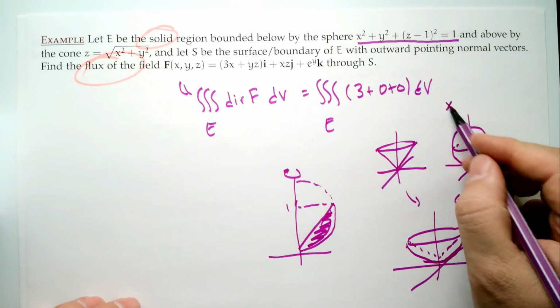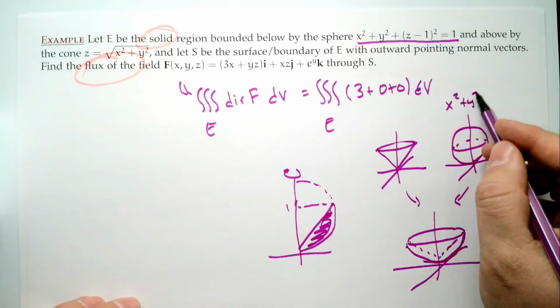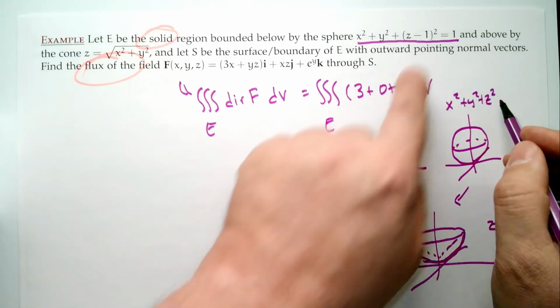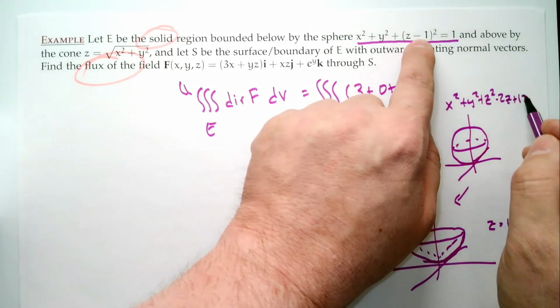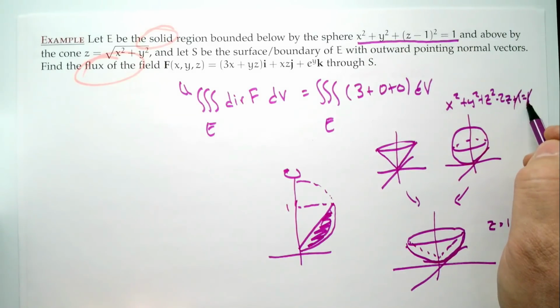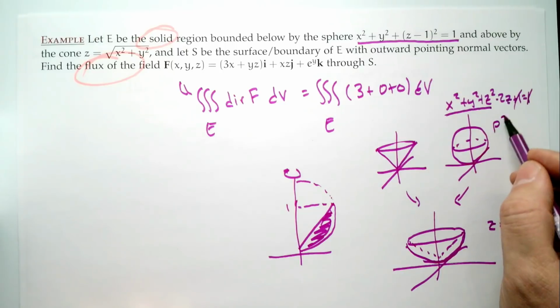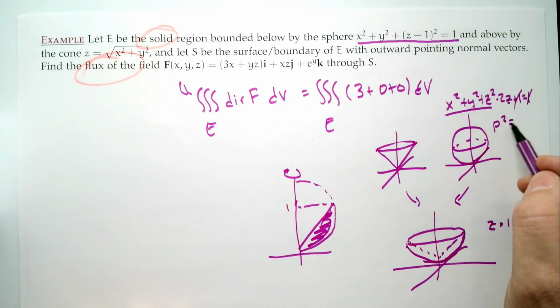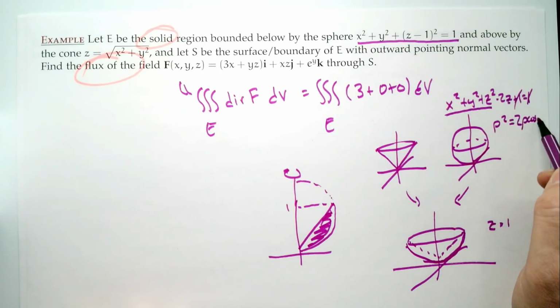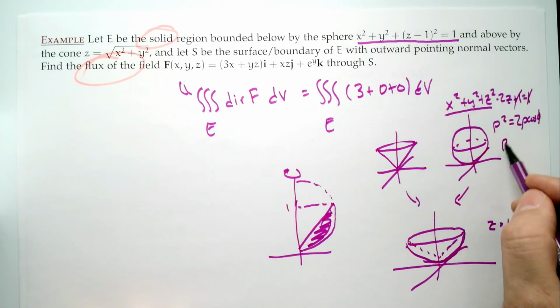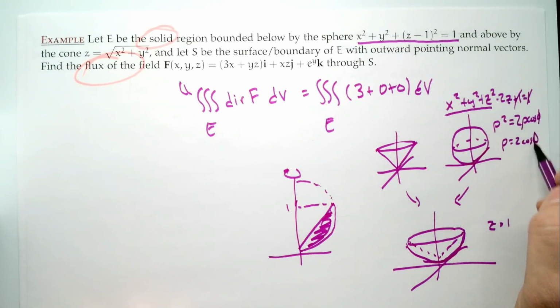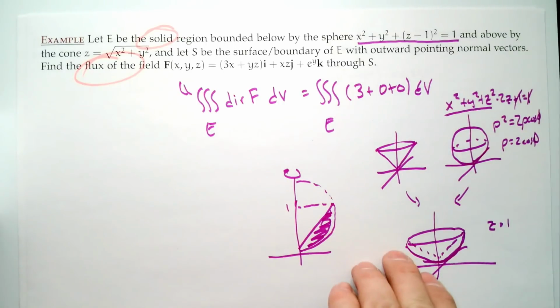This sphere becomes x squared plus y squared plus z squared minus 2z plus 1 equals 1. The 1's cancel. x squared plus y squared plus z squared becomes rho squared. The minus 2z, move it across, becomes 2 rho cosine phi. So it becomes rho equals 2 cosine phi. So this sphere actually has a fairly nice expression in spherical coordinates.